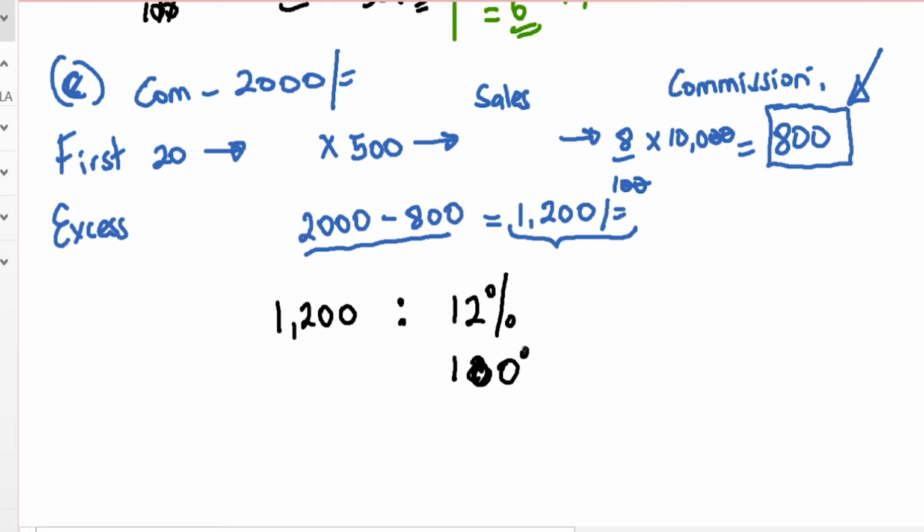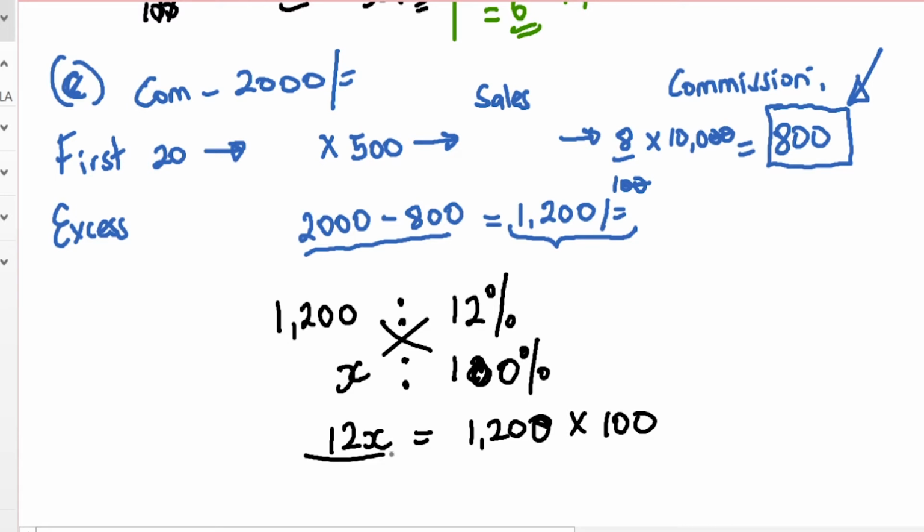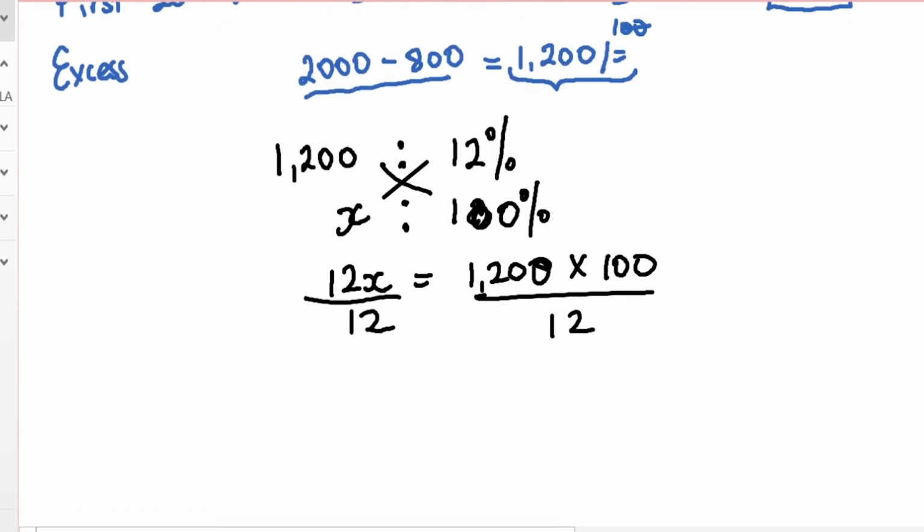The 100% is going to represent where this 12% came from. That is going to be equal to x. When we cross multiply, we end up with 12x giving us 1,200 multiplied by 100. When we divide both sides by 12, we end up with 100,000 over 12, that is 10,000.